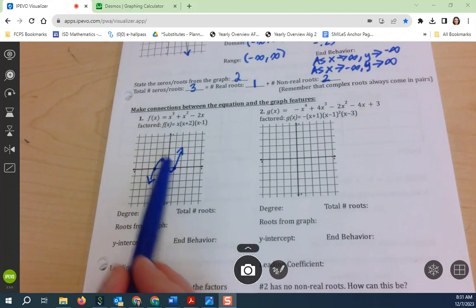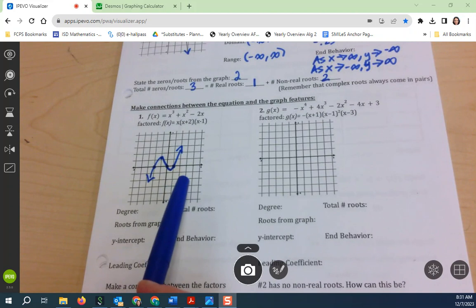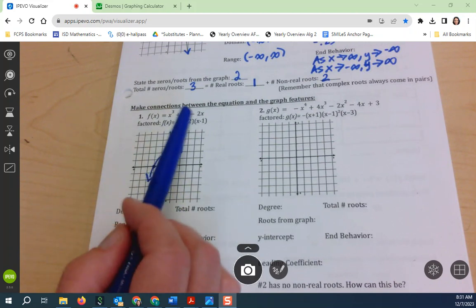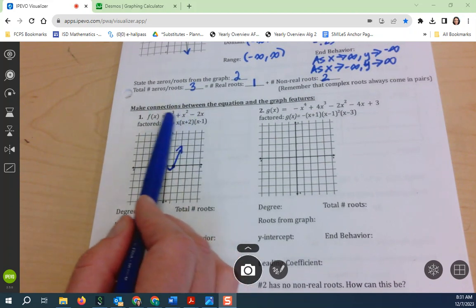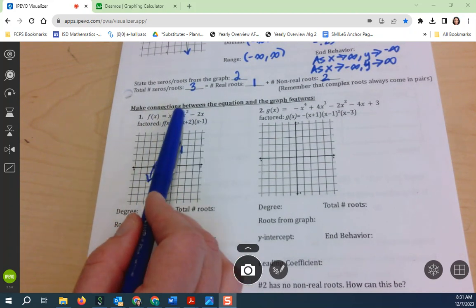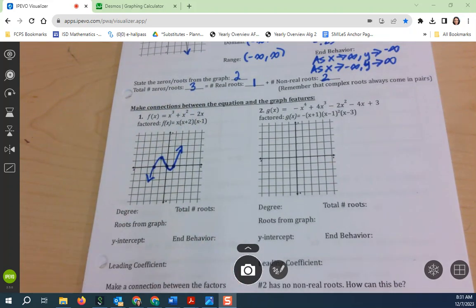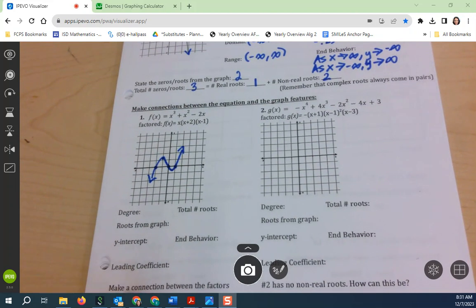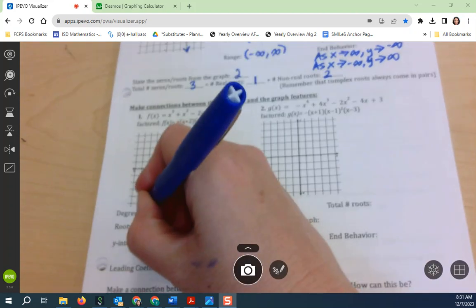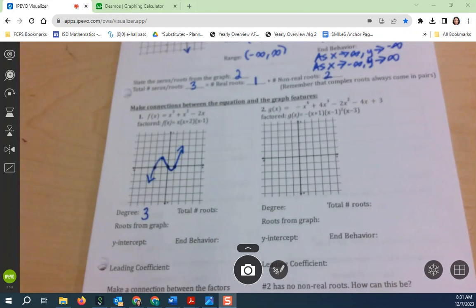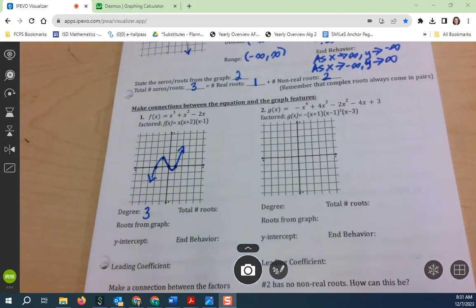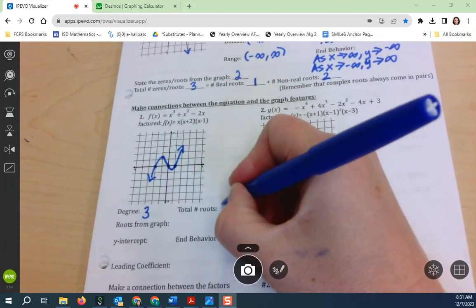How many turning points on the function? 2, which means your degree is 3. Looking at the equation up here, I can see the degree is 3 because remember that it is the biggest exponent. So for me, it's easier on the equation, but some of you might be more visual and maybe the graph makes more sense to you. Degree is 3, which means the total roots is 3.